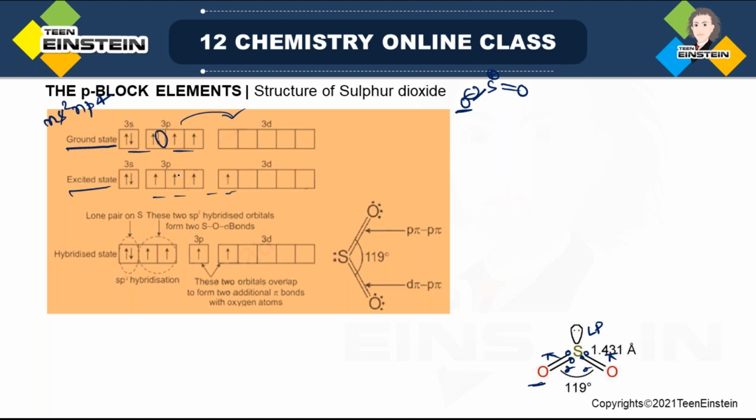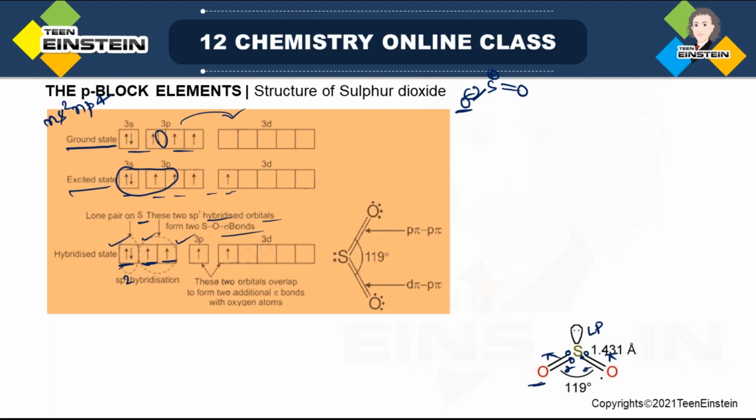Now there will be hybridization. What hybridization? It is 1s and 2p, sp2 hybridization, so there will be 3 sp2 orbitals: 1 sp2, second sp2, third sp2. In one sp2 there is the lone pair of sulfur. So this is the lone pair. The rest of the two sp2 hybrid orbitals form two sulfur–oxygen sigma bonds.